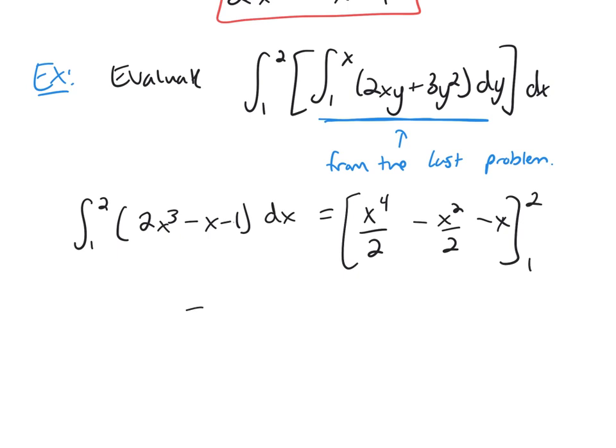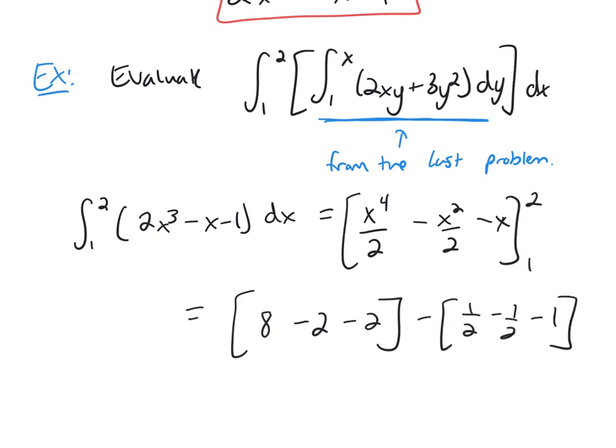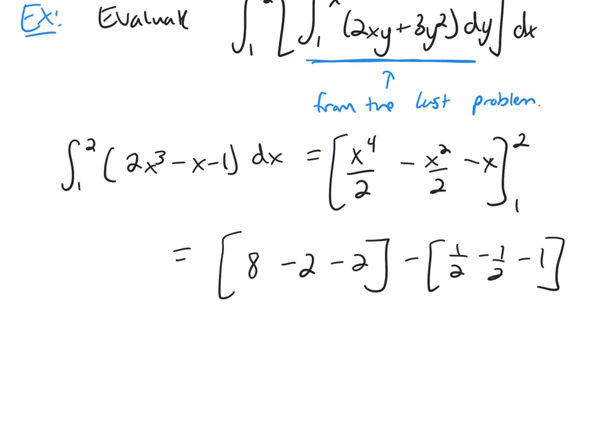So plug in 2. 2 to the 4th will be 16 over 2, it's 8, minus 2, minus 2. Subtract, plugging in 1: 1/2 minus 1/2 minus 1. The 1/2 and the minus 1/2 cancel here. So you're getting 4 plus 1, or 5.